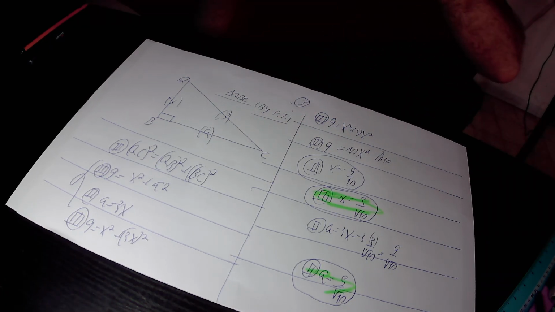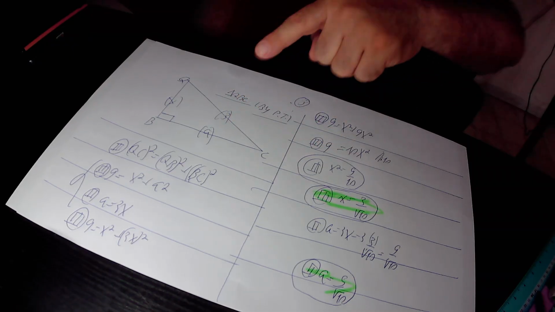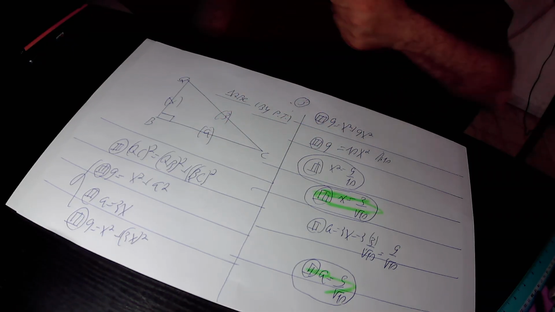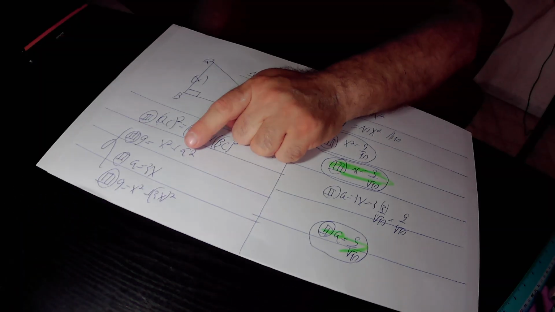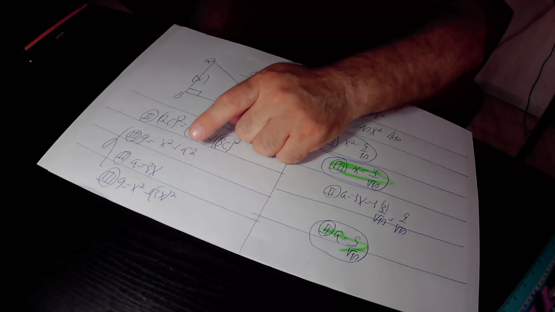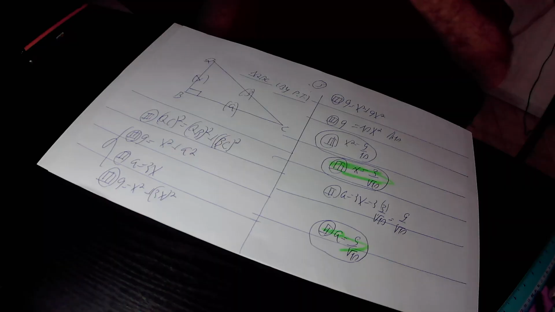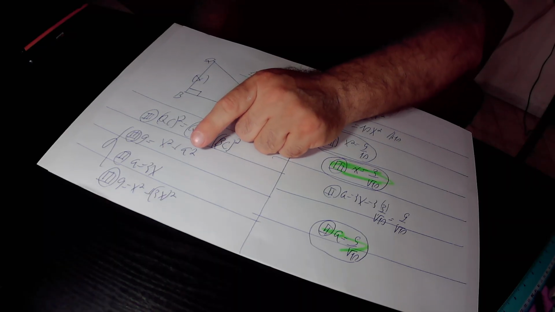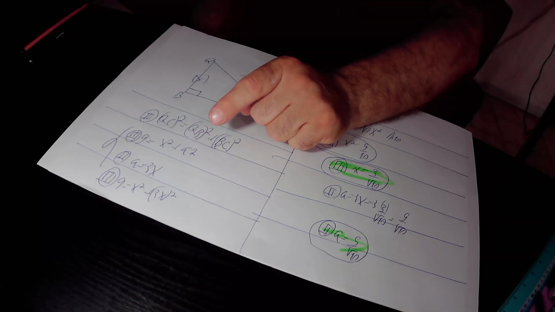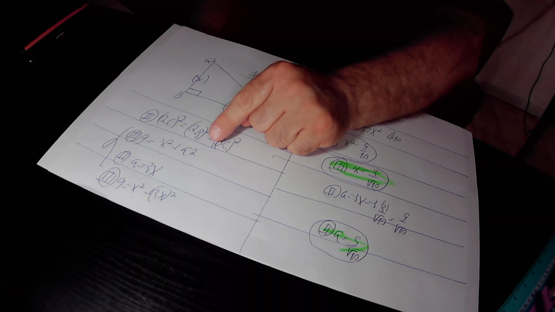So according to equation 3, I can find out that 9 equals x squared plus a squared. But according to equation 2, we have already found out that a equals 3x. If a equals 3x, it means that a squared must be equal to 3x squared. Therefore, we can substitute a squared in equation 3 by 3x squared.